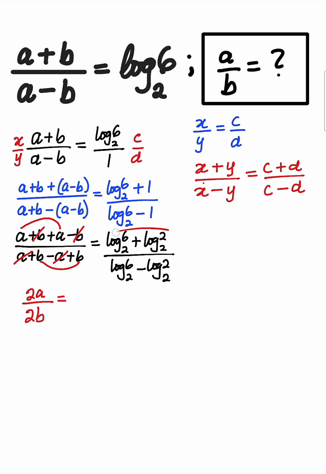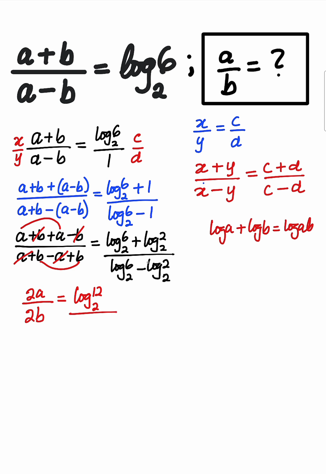At this point, according to the law of logarithm, when you have log a plus log b, this gives us log ab. Applying that rule here, 6 times 2 will give us 12. So here we have log 12 base 2.